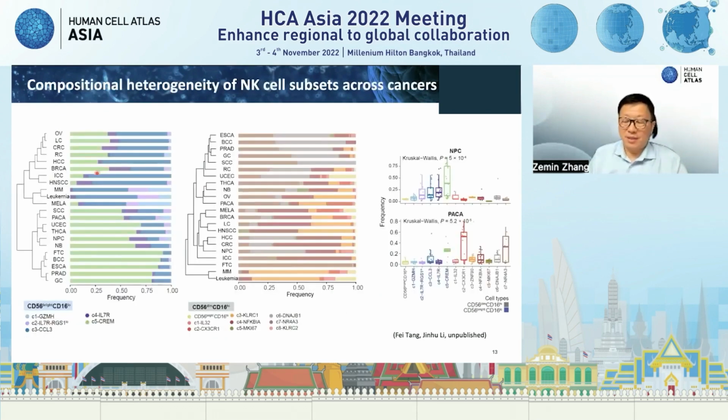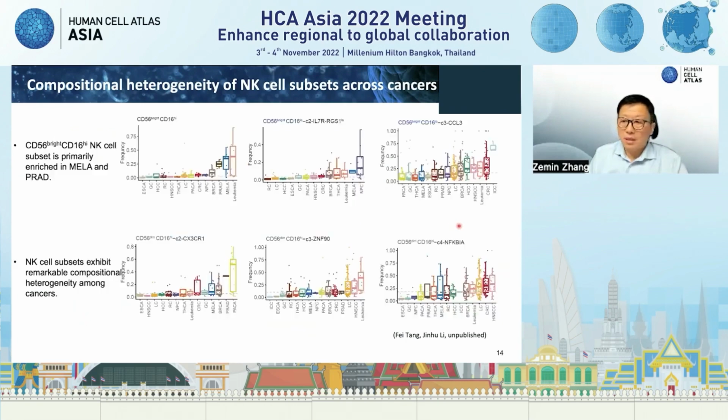Accordingly, different types of tumors exhibit remarkable differences regarding their NK cell subtype composition, as shown here and here. For an extreme example, the NK subset composition is completely different between nasopharyngeal carcinoma and pancreatic tumors. This may explain some of the controversies observed in the NK study field. For example, do double positive NK cells exist?